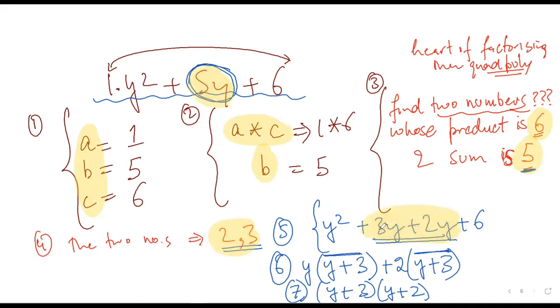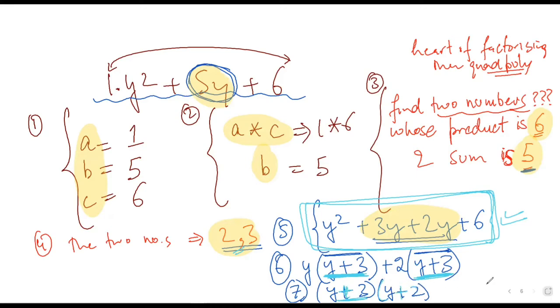Once you reach this step, more or less your question is complete. Finding the two numbers is the critical step. And then you will always find that once you take common factors, this factor in the bracket would always come out like this, y plus 3, and you will be left with y plus 2.